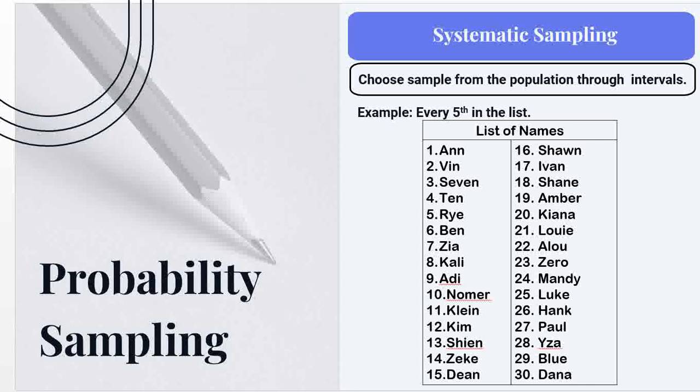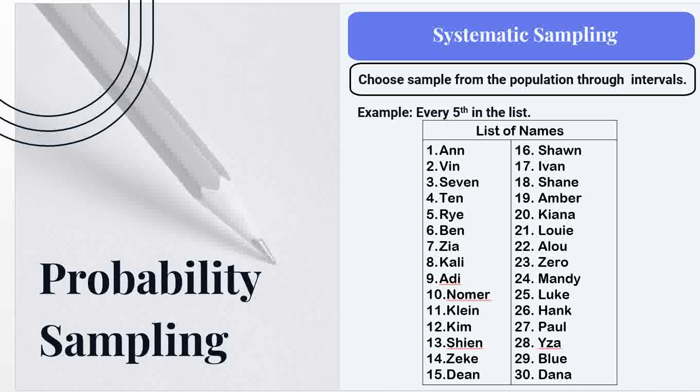Okay? Let's proceed to the third type of probability sampling, which we call systematic sampling. From the word system, you are following a series, a system. So in here, you are going to choose a sample from the population through intervals. There should be a sequence.